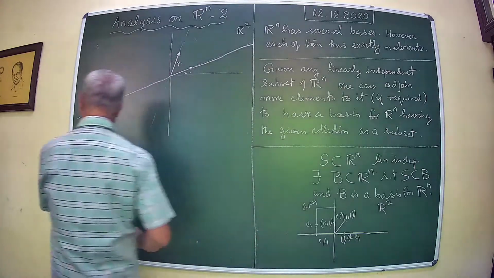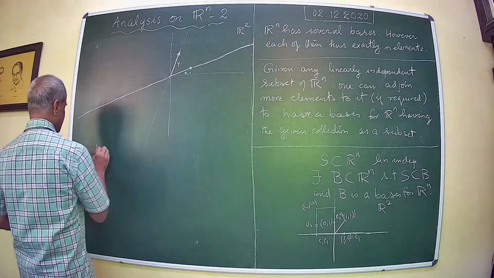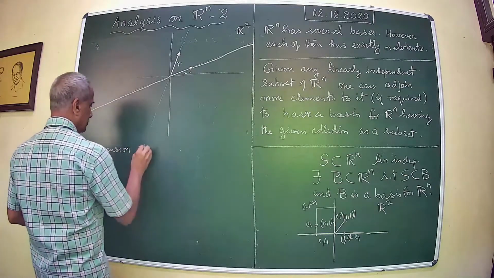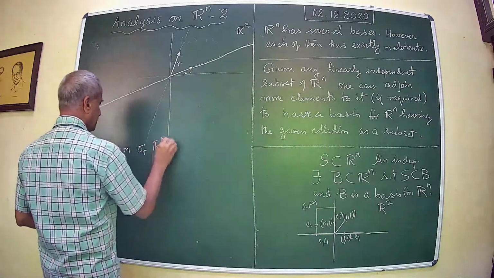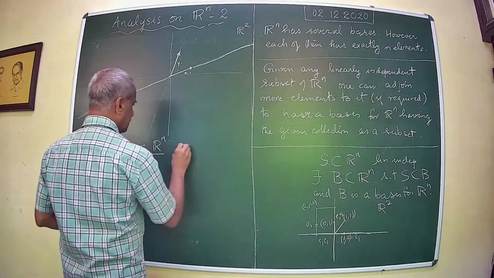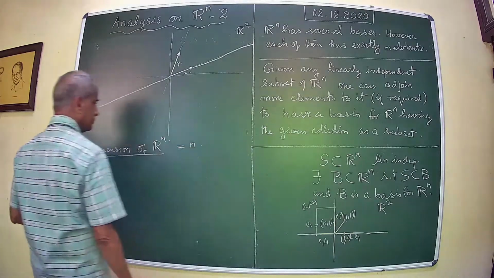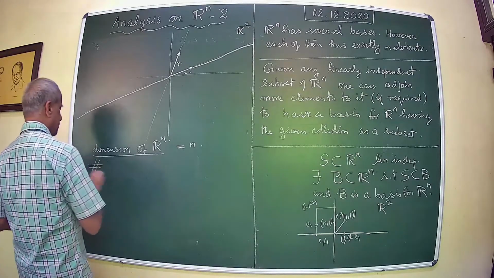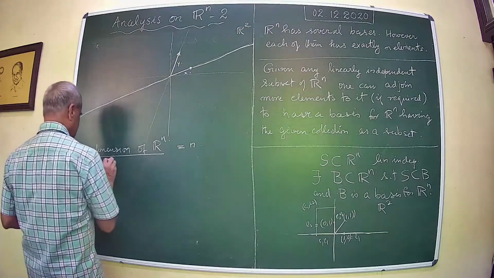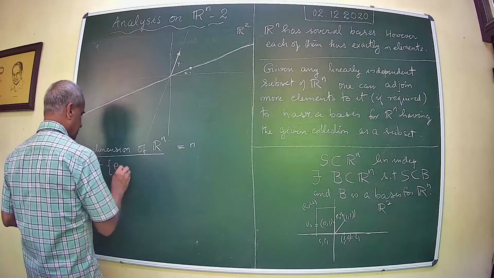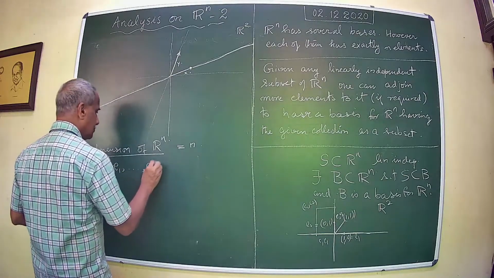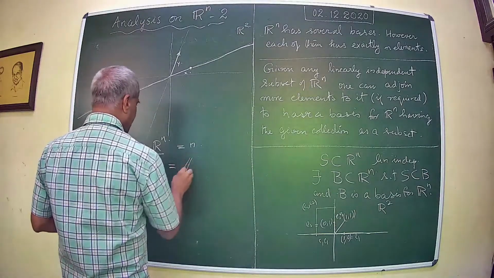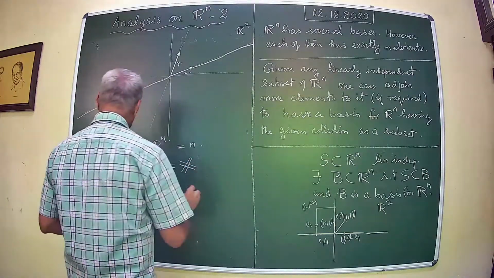So this is equal to n. It is exactly the number of elements in a basis.